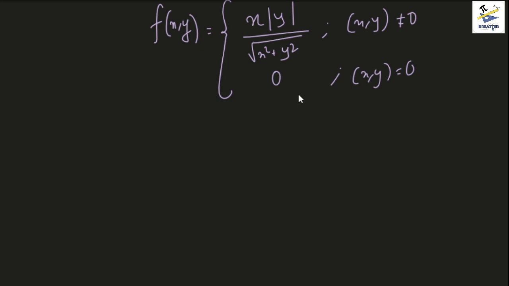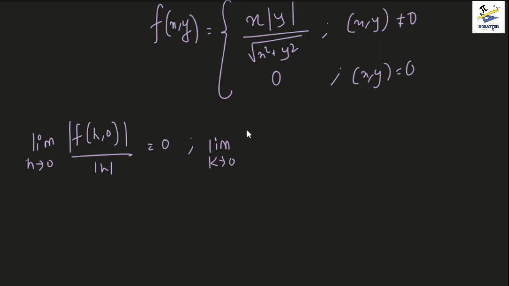So obviously if the derivative were to exist, we would guess that it is 0. This is because the limit of f of h comma 0, which is 0 by mod h, is equal to 0, and also the limit as k tends to 0 of f of 0 comma k, which is 0 divided by mod of k, would also be 0.